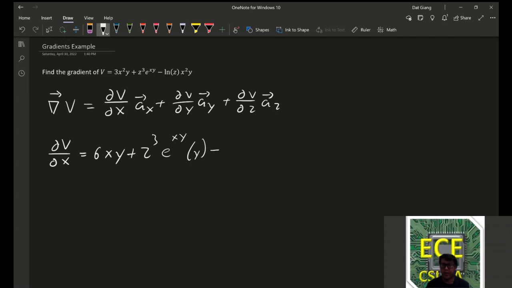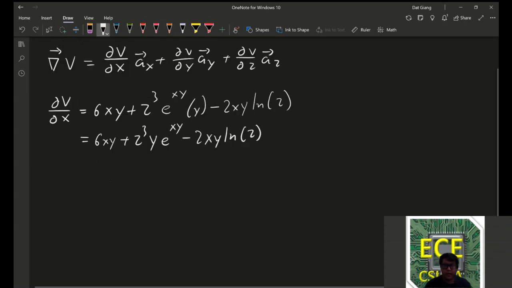So we have minus 2x, and I'm going to shift the placement of the variables, ln of z. So that's for our partial derivative in the x direction. Now, just to simplify it a little more, 6xy plus z cubed y e to the xy, then we have minus 2xy ln of z.